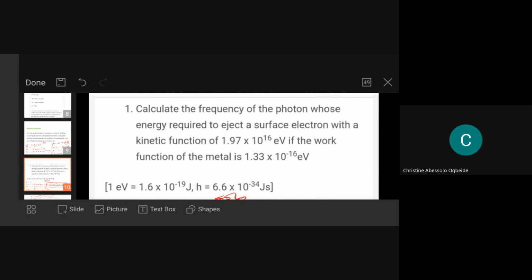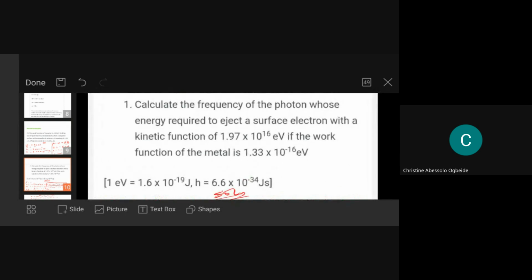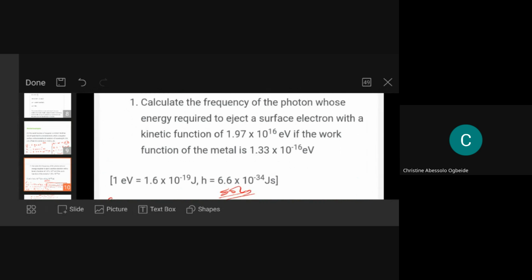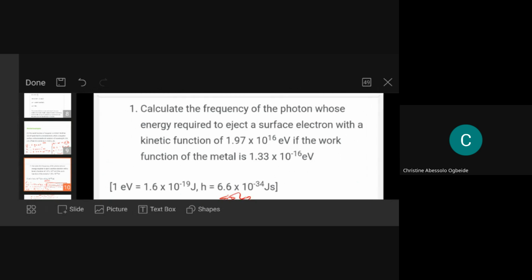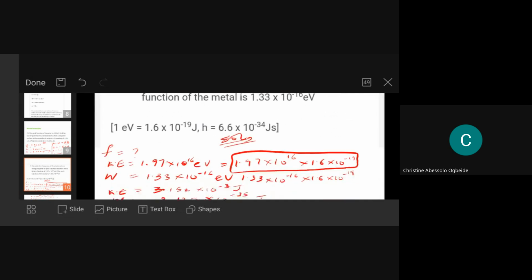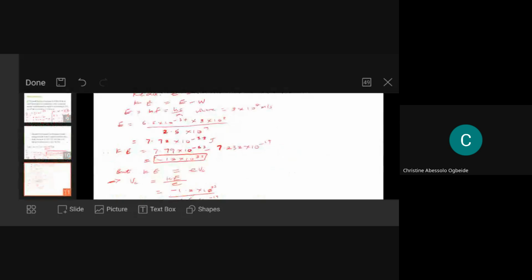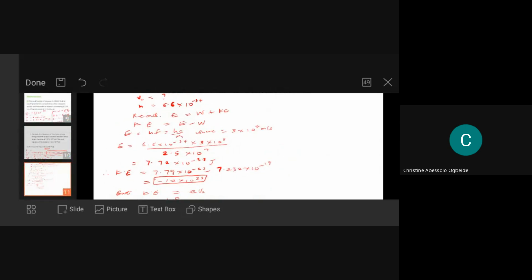So that is one. And also for this other question, where we're asked to calculate the cutoff potential, calculate the frequency of the photon. Okay, we did this and we arrived at the frequency. Where did we solve this one?